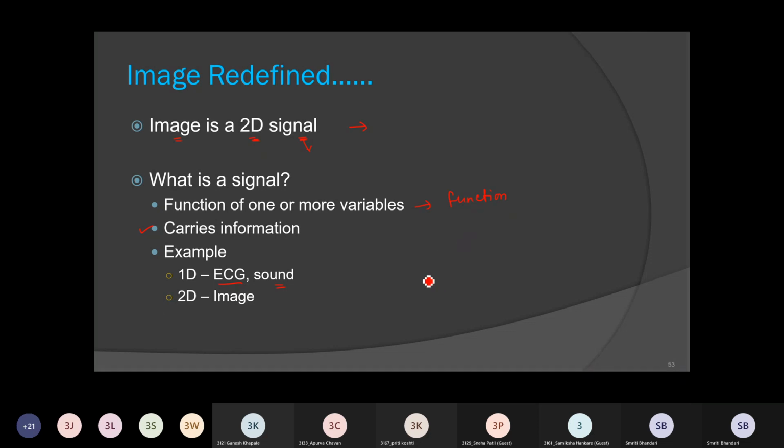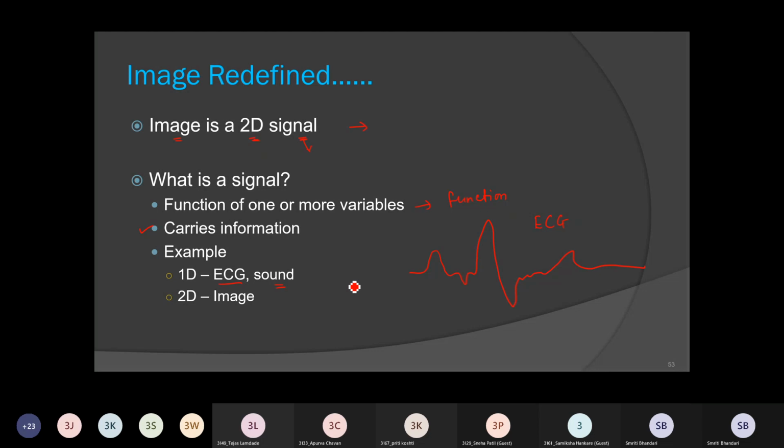So this ECG plot may look something like this. Right. If you have seen an ECG plot earlier, it looks like this.